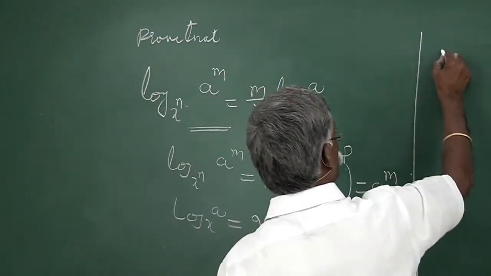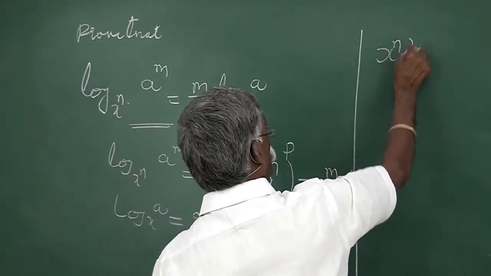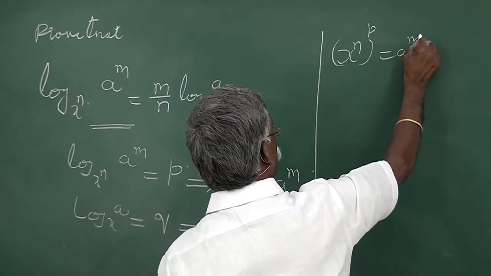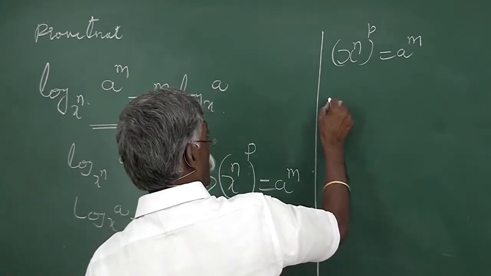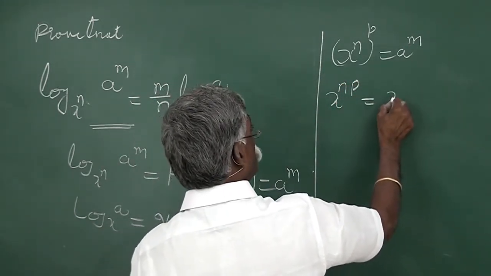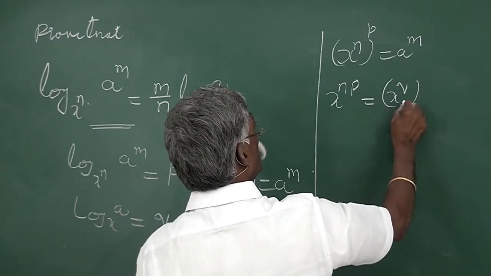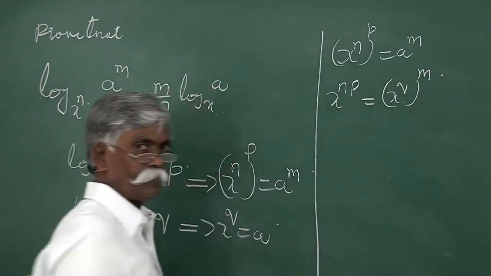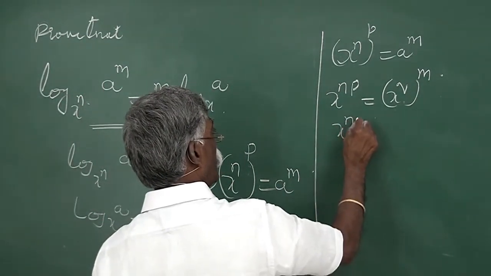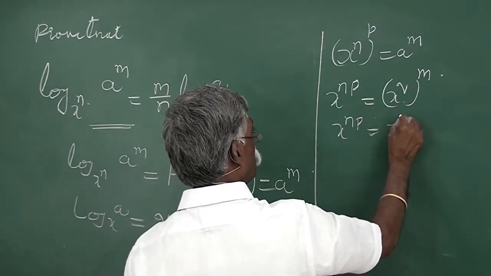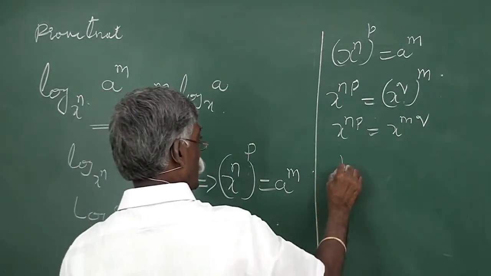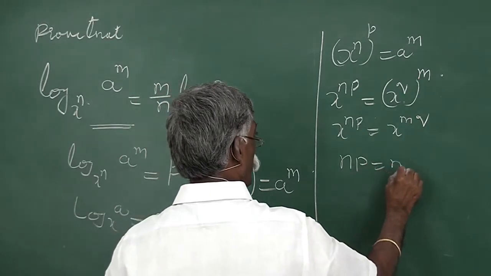Now the first result, x power n to the power p is a power m. That is, x power np is equal to a power m, which means x power q to the power m. Therefore, x power np is equal to x power mq. And from this, np is equal to mq.